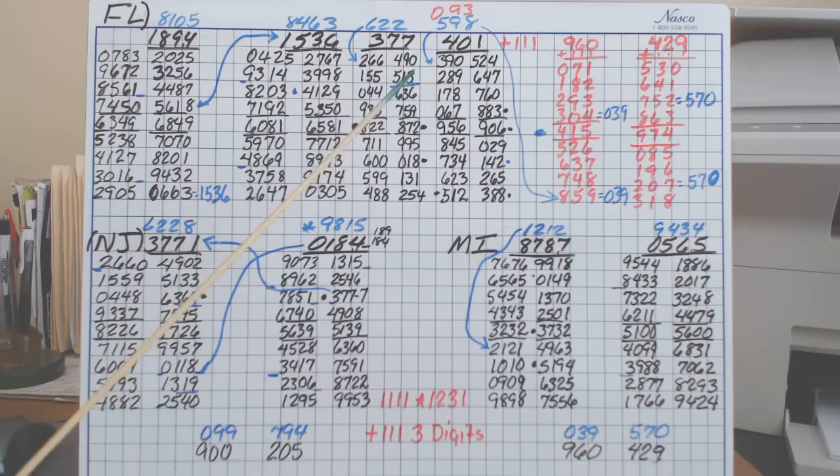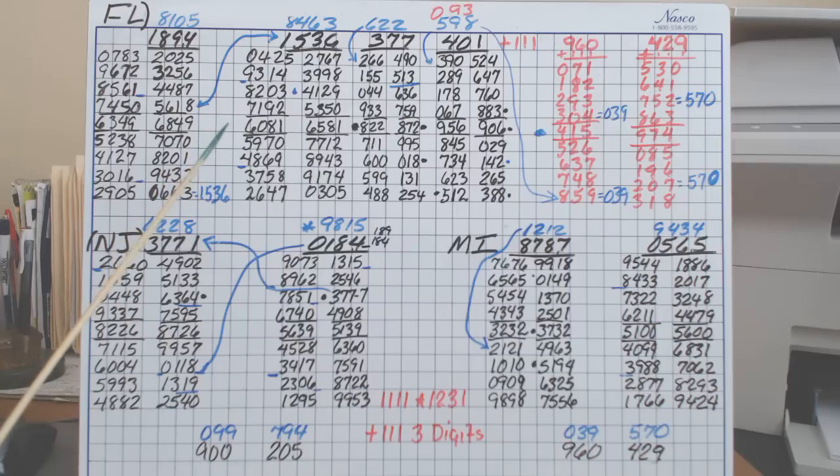Now, I'm going to be using the 1111 formula with my 4-digit numbers and the workout, and the 1231 formula. Okay? Now, as you see, I have a blue line drawn to the 1536. We are using matrix.